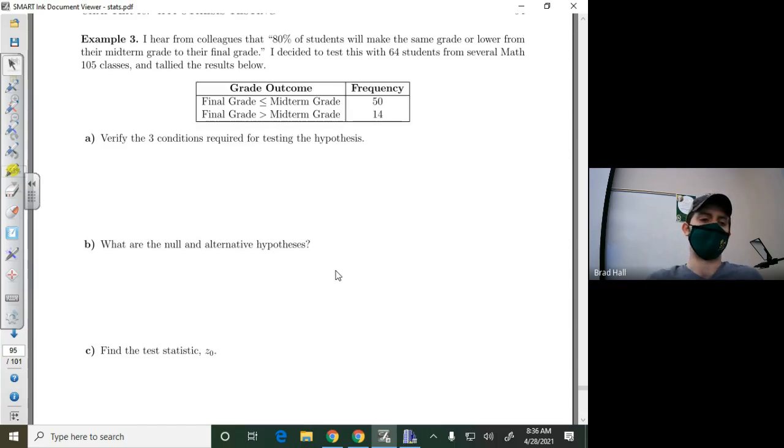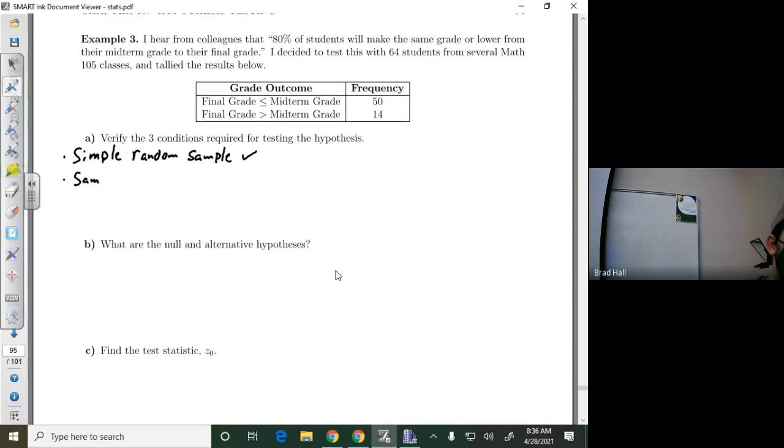So this says verify the 3 conditions. Again, we're going to assume that 2 of these are already right. Let's just assume that I chose these as a simple random sample, and all the samples are independent.